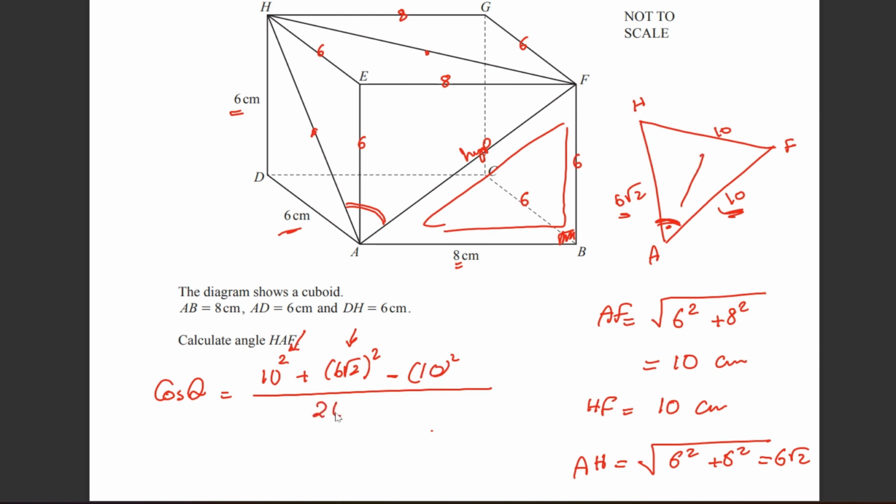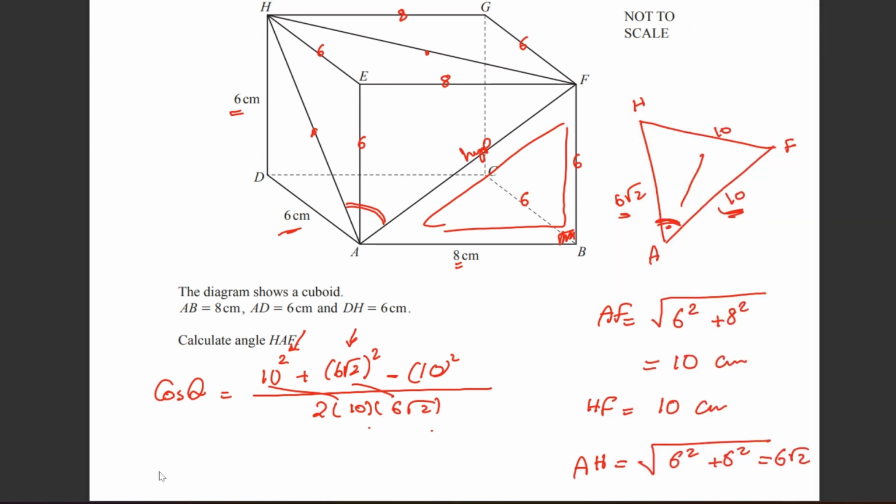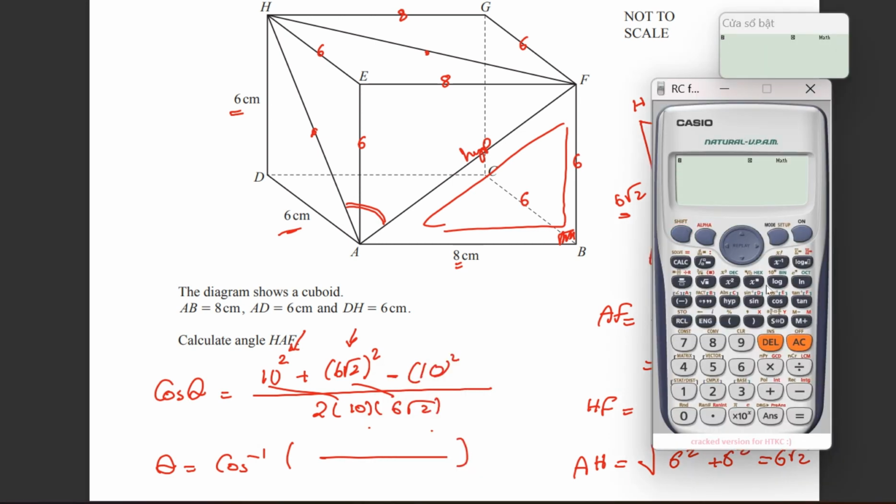And we can do all of this on the calculator as follows. From the beginning I will say that theta equals cosine inverse of all of this in brackets, and then do it on the calculator. Shift cosine, open the bracket and write 10 power 2 plus 6 root 2, all power 2.